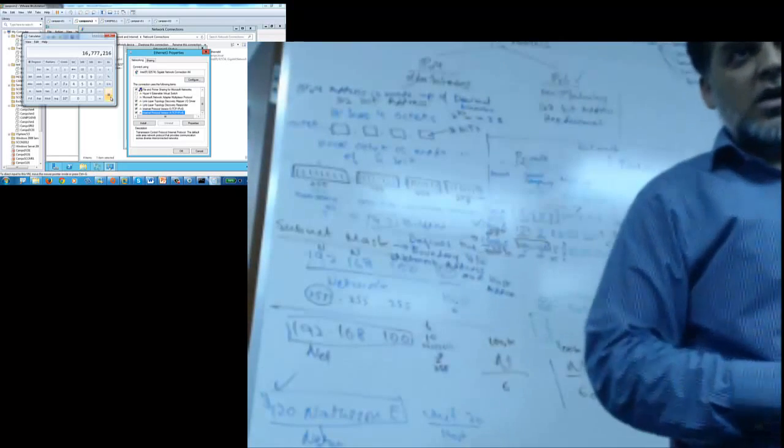Class A is used for large organizations, Class B for small organizations, and Class C for very small organizations. This is why all our home networks start from 192. Some of you were asking me in class 1 why we are using this IP address.